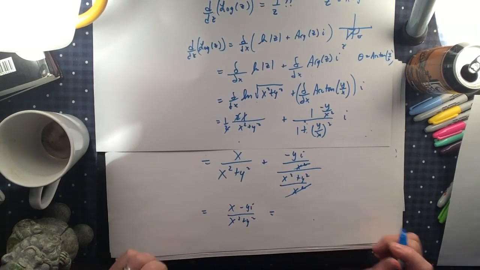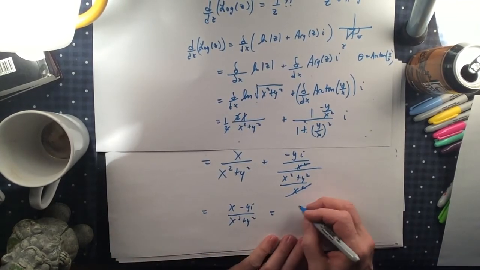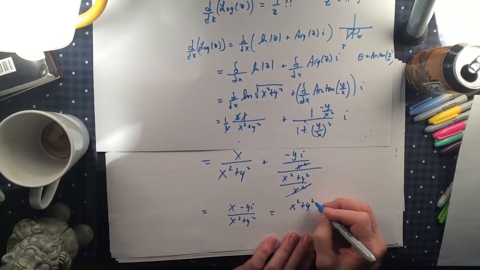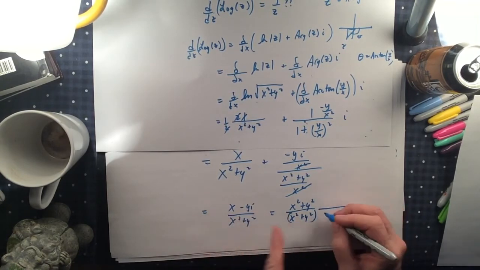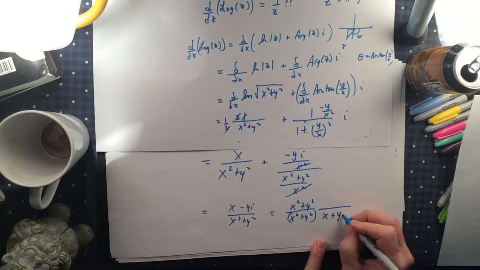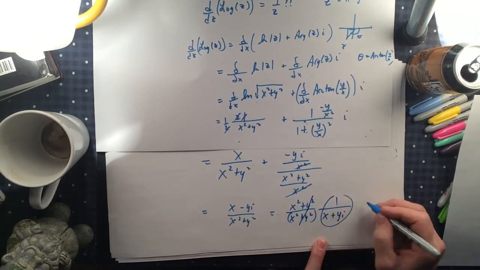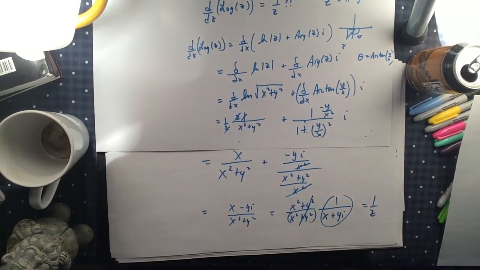And guess what happens when you multiply top and bottom by the conjugate? You get x squared plus y squared over x squared plus y squared. And the conjugate that went into the bottom was x plus yi. These cancel, and lo and behold, you get 1 over z. Oh my goodness, this is working just wonderfully.